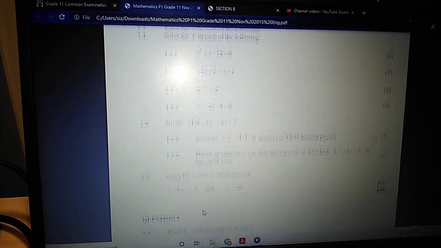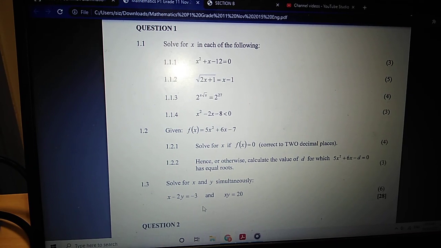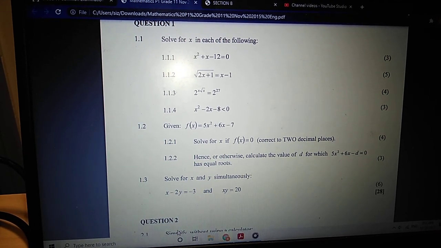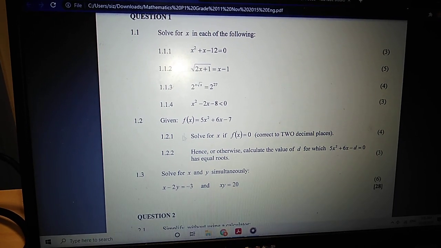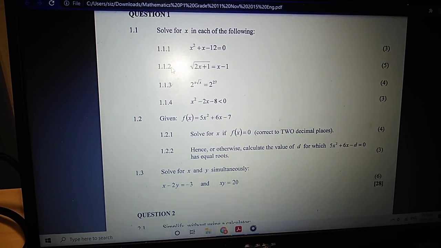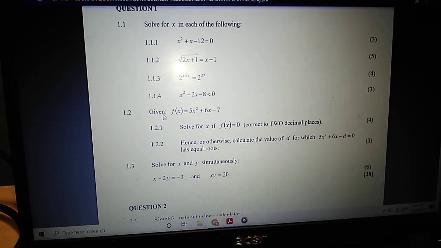So let's get straight to it, starting at question 1.2, because you can see in the previous video where we discussed question 1.1 until 1.4, we're moving on. The question gives us this function of x, which is equal to 5x squared plus 6x minus 7.